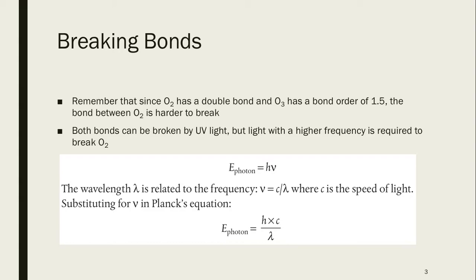And when we substitute, we get this equation. So the energy of one photon of light is equal to Planck's constant times the speed of light divided by the wavelength. So this is nothing new, but it is something that we're going to have to remember, and we're going to be able to practice that.